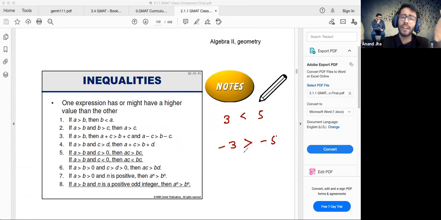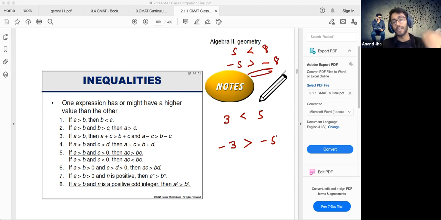No need to remember this. I'll take any number. 5 is less than 8, I multiply by minus 1, but minus 5 is greater than minus 8. We know this. So whenever you multiply or divide by a negative number, the inequality sign gets changed.